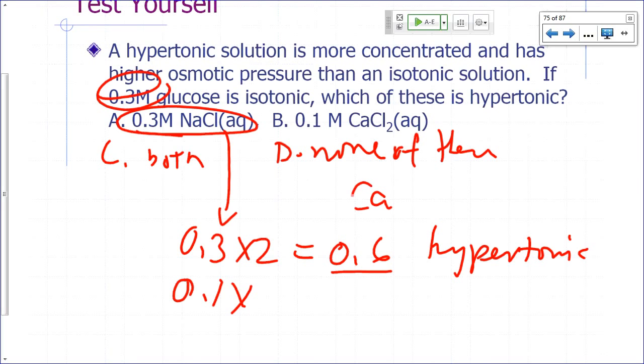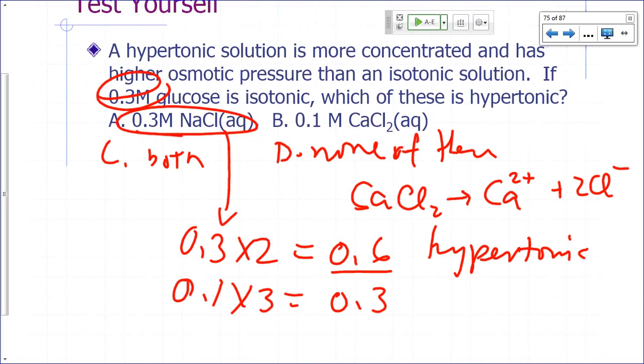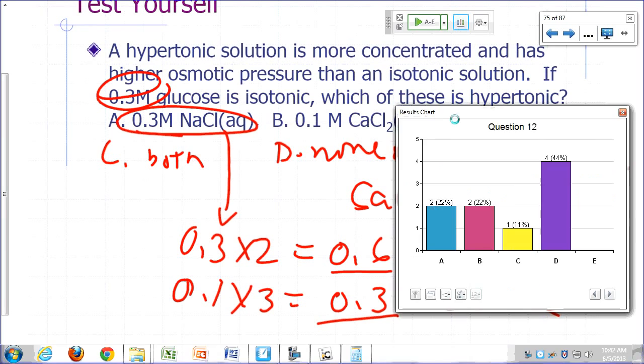Calcium chloride is going to give you 1 calcium and 2 chloride ions. So I have to multiply 0.1 by 3. That gives me 0.3. So that's isotonic. Looks like I misled you. A is hypertonic.